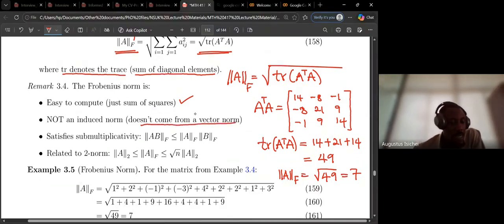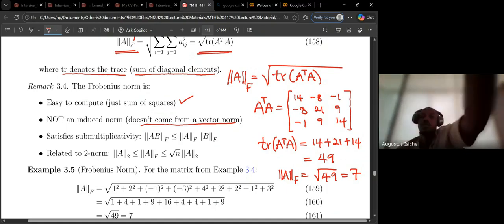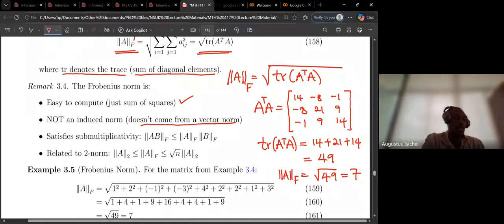Three, it satisfies submultiplicativity. It satisfies the submultiplicativity property.